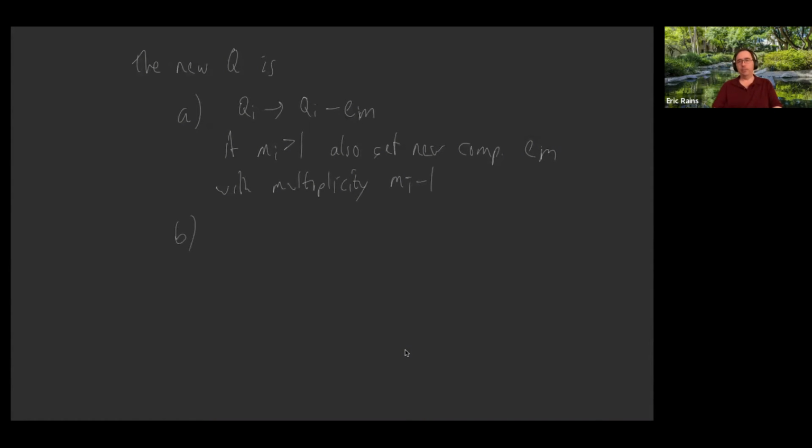Okay. In case B, well, okay, you can adapt the singular case correspondingly, but basically QI and QJ get subtracted.